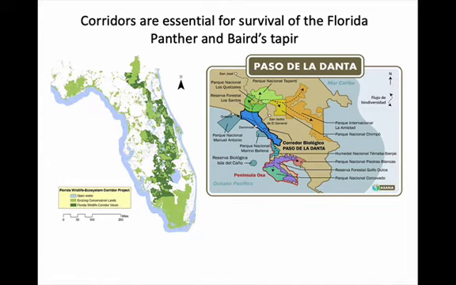Basically, Florida panthers can move up and down the entire length of Florida through this habitat corridor. And even though very few panthers could be supported by the Everglades alone, if they can exchange dispersing individuals with other patches, they can maintain a much higher genetic diversity than they would otherwise.